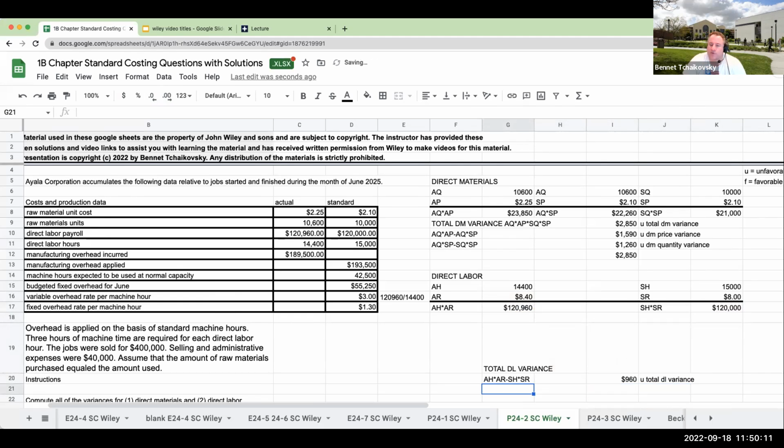Okay, now what I want to do is isolate the two components for the rate/price and then the efficiency/quantity. So my actual hours here are 14.4 and I got 8.